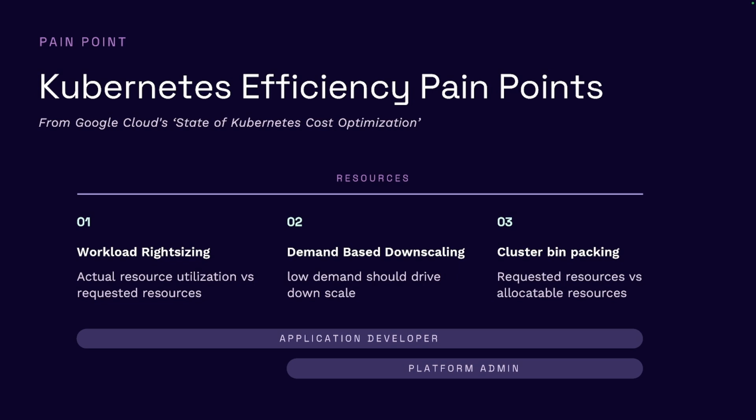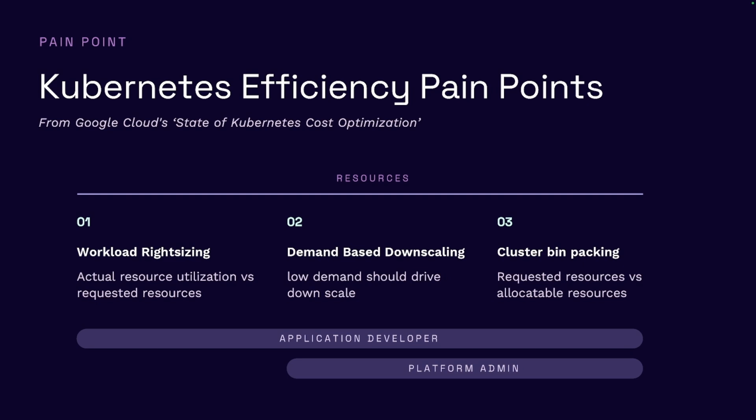From an application developer's point of view, it's hard to do workload right-sizing, which means identifying and assigning the right resource requests and limits for our containers. Additionally, it's really complicated to do demand-based downscaling, which is scaling containers efficiently depending on the demand they are facing.